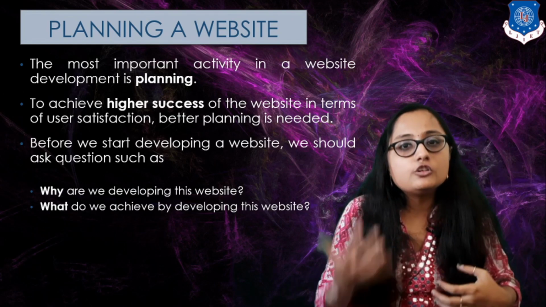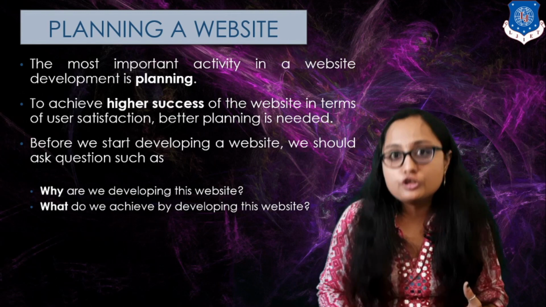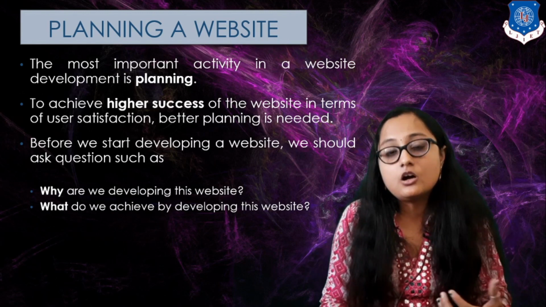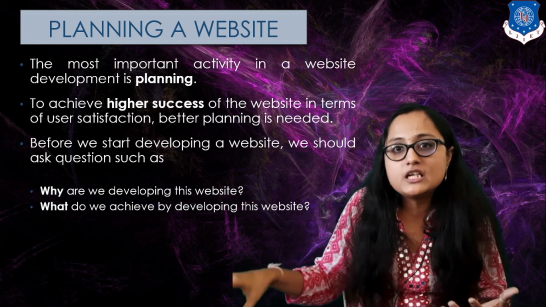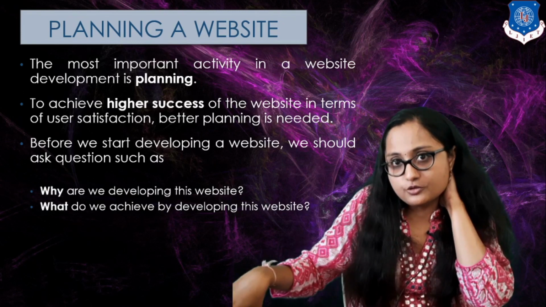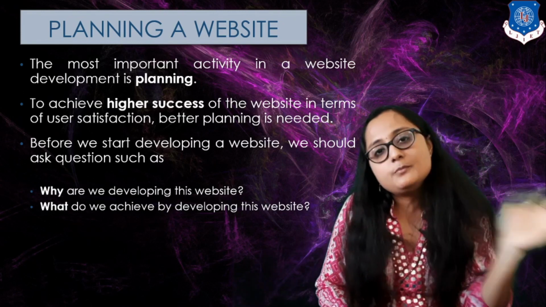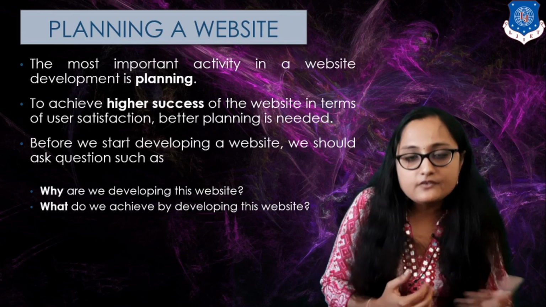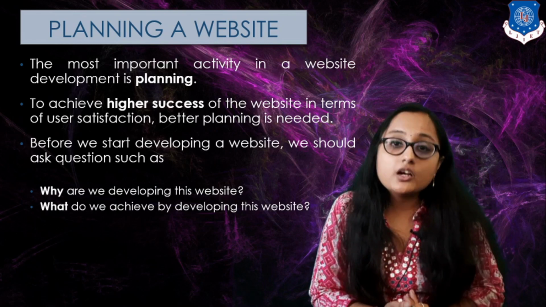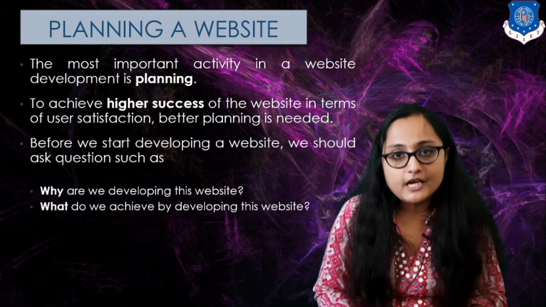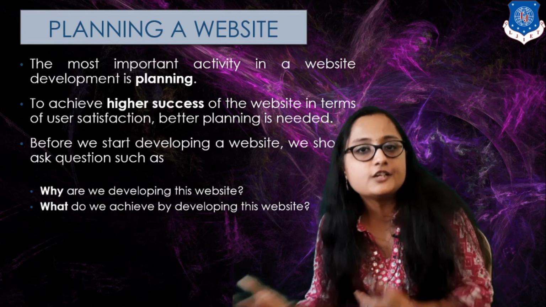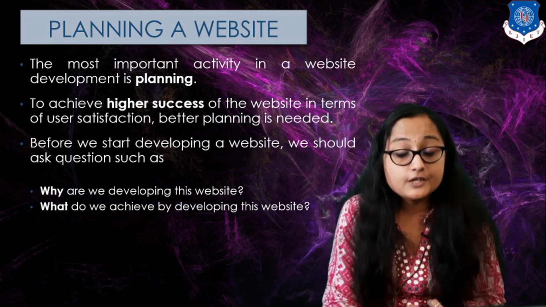People will be able to view information about your college. They will be aware that this particular college exists in this particular city, and the admissions which previously were struggling may increase. These are all outputs that you may achieve by developing a college website.